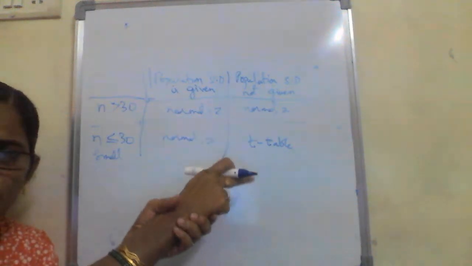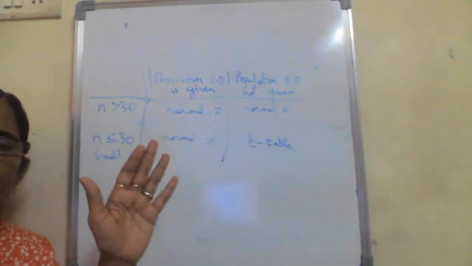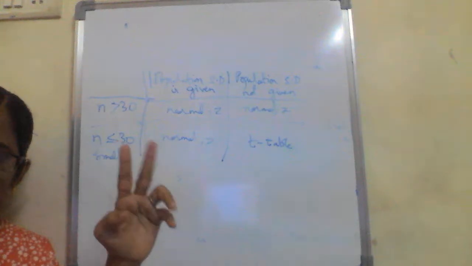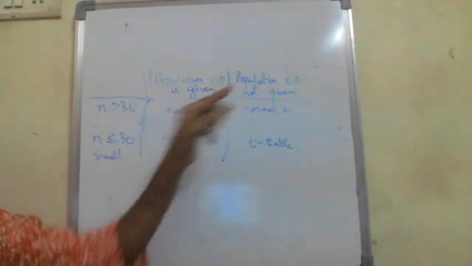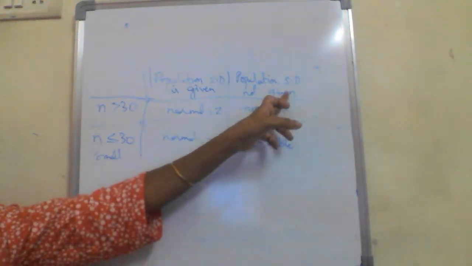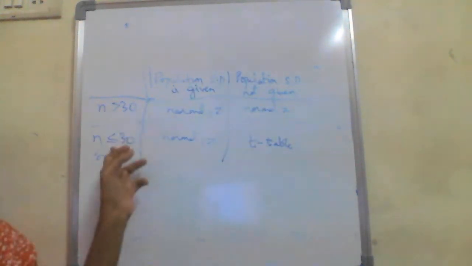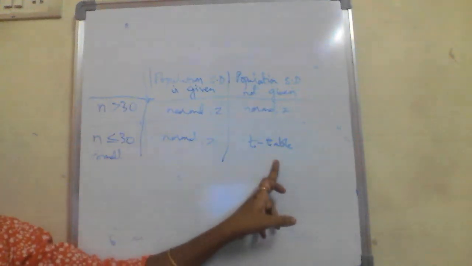This t distribution you can use only when two conditions are satisfied. Already I have said: when n is less than or equal to 30 and when the population standard deviation is not given. In these two cases only you can use the t distribution.